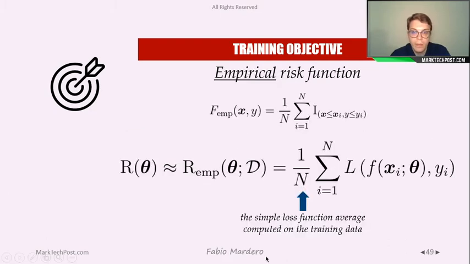So now, through the definition of empirical cumulative distribution function, we can approximate the risk function with the empirical risk function. That is a function not only of the parameters of the machine learning model, but also a function of the dataset. Because of course we have built the histogram taking into account that specific dataset.